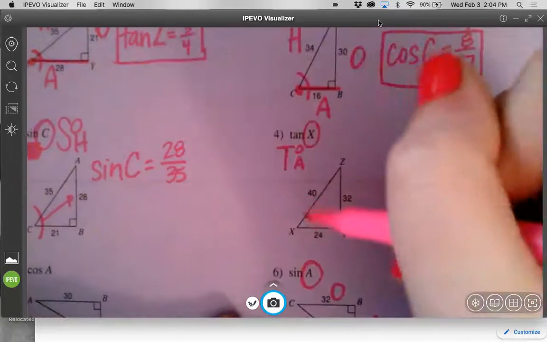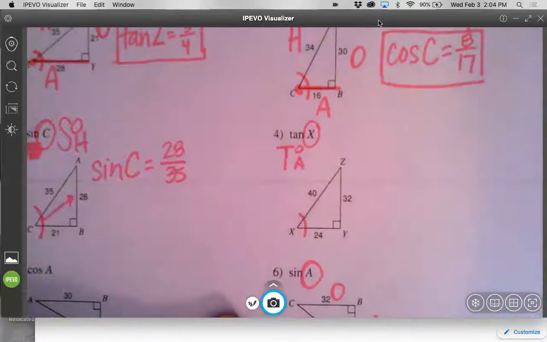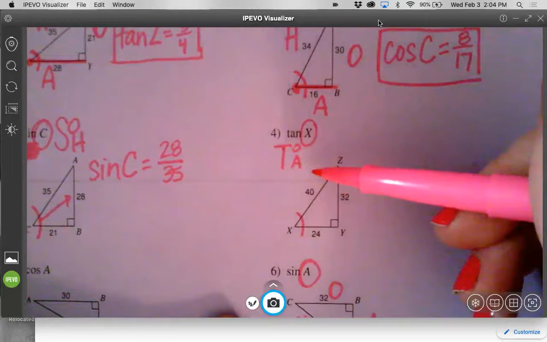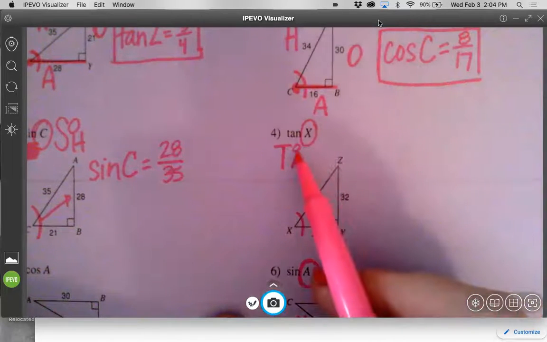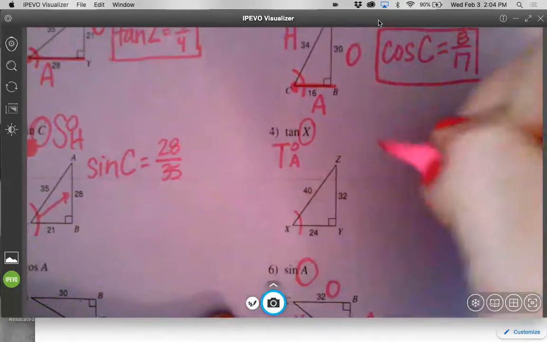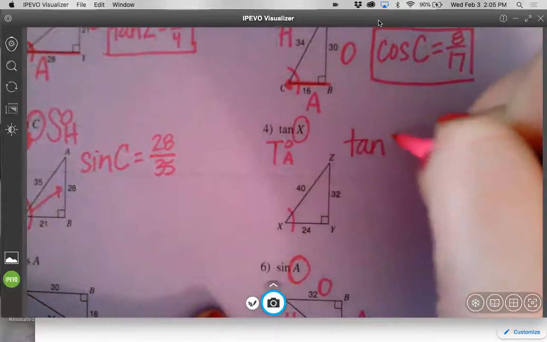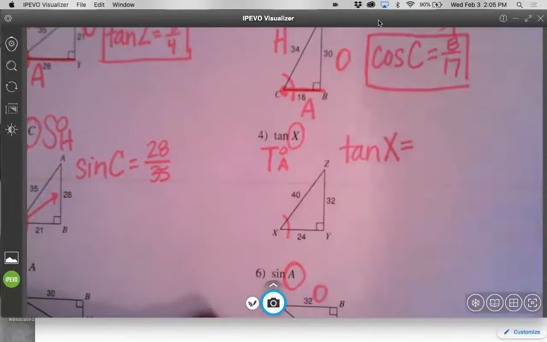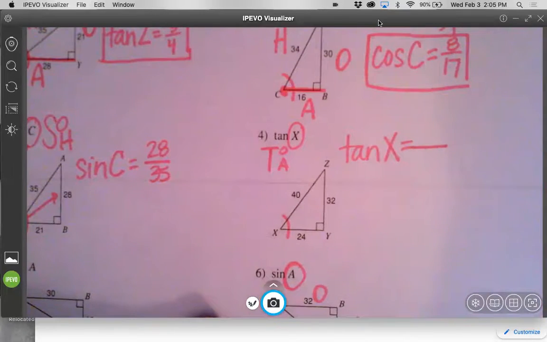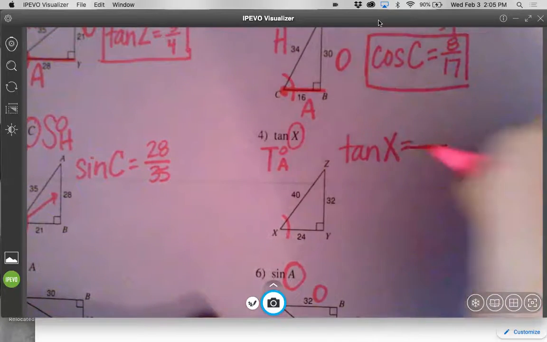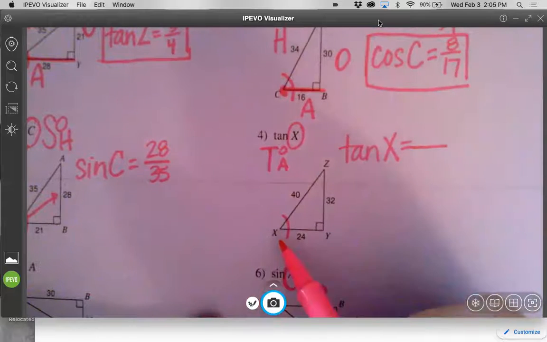So that's why we go down here and we mark angle X. So that gives us all of our instructions about what to do. We're going to make a fraction using the side opposite from X and the side adjacent to X. And that's all it's asking for right now. So tangent of x equals the opposite side over the adjacent side. So which side is opposite from x?